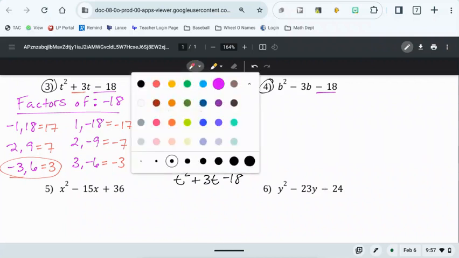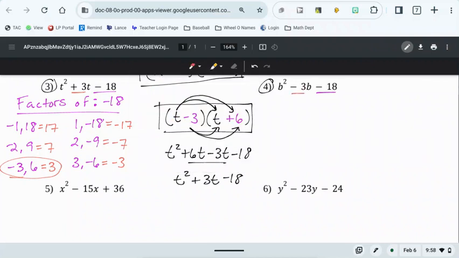The only difference is this time we're looking for the factors that add up to negative 3. So if we go back and look at our factor list from number 3, because of the same set of factors, let's just see which of those factors added up to negative 3 instead of positive 3. And we can see right here that 3 and negative 6 add up to negative 3.